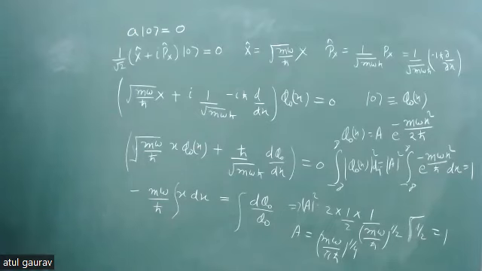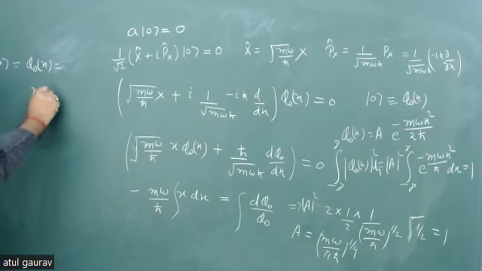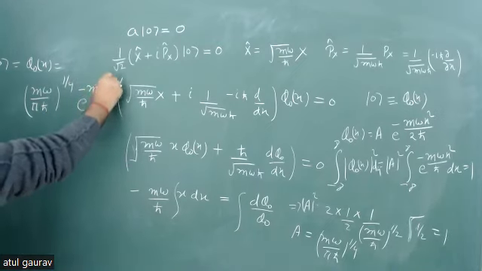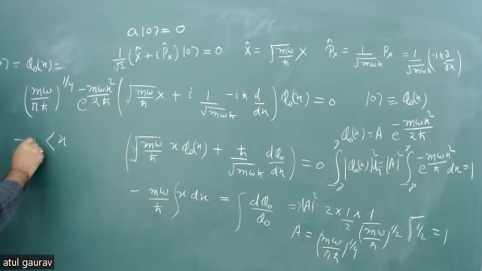So what is your zero ket? Your zero ket is equivalent to phi naught x, which is equivalent to m omega upon pi h cut to the power 1/4 e to the power minus m omega x square upon 2h cut, where x is varied from minus infinity to plus infinity.